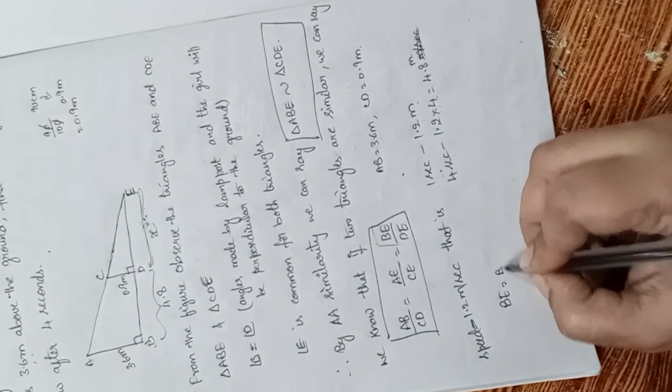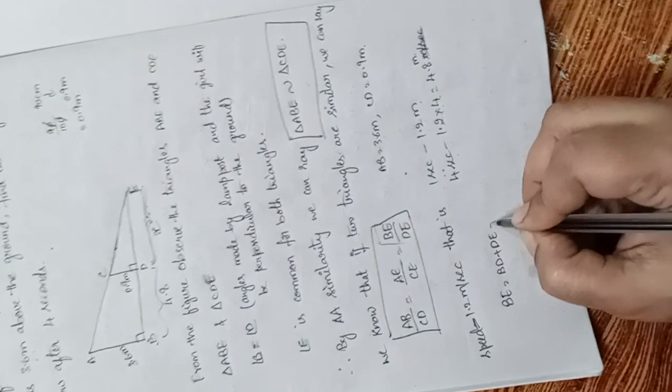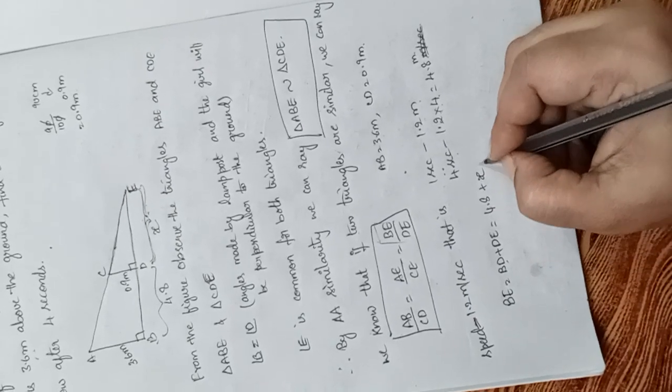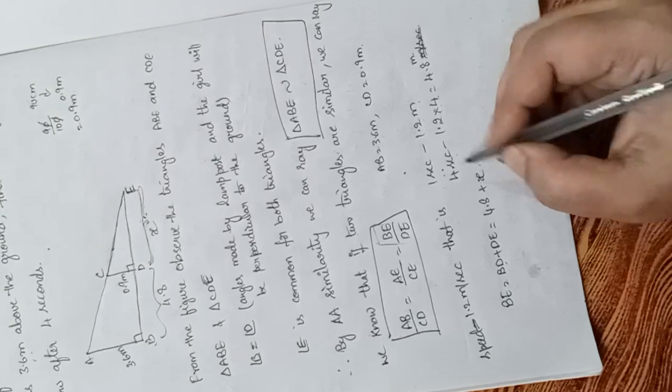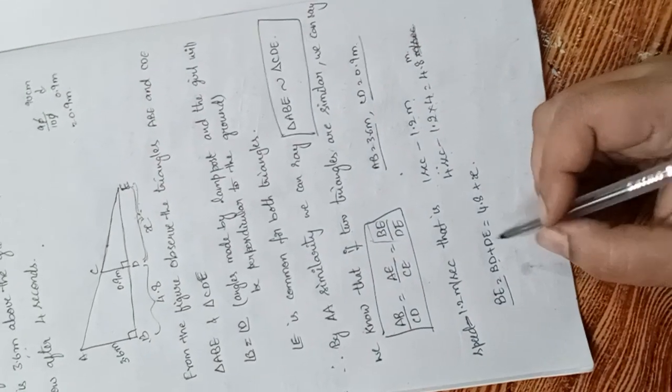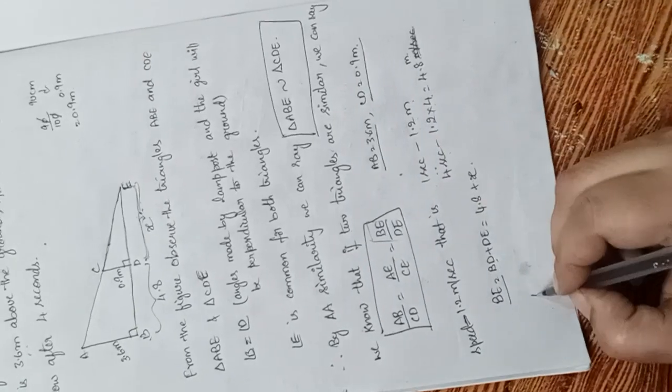BE equals BD plus DE. BD is 4.8 plus DE is x. So we have the values AB, CD and BE, and we can find the value of DE. How?